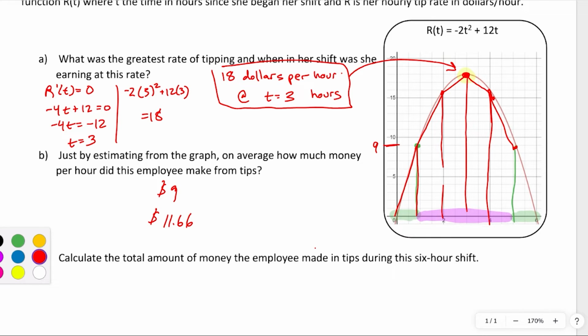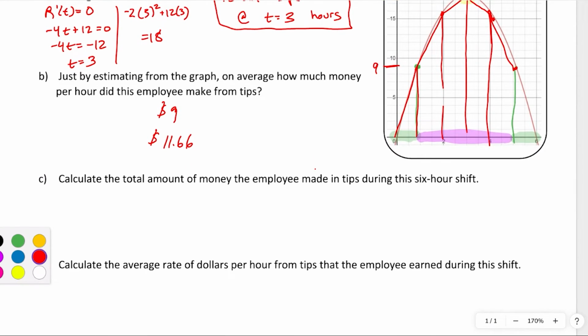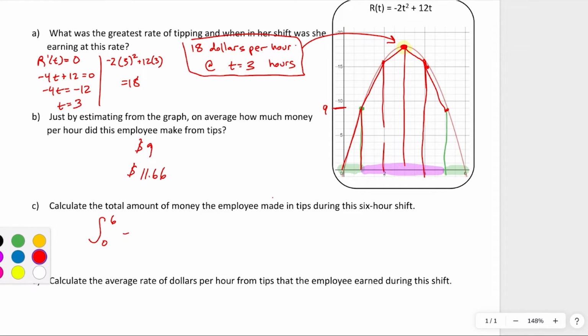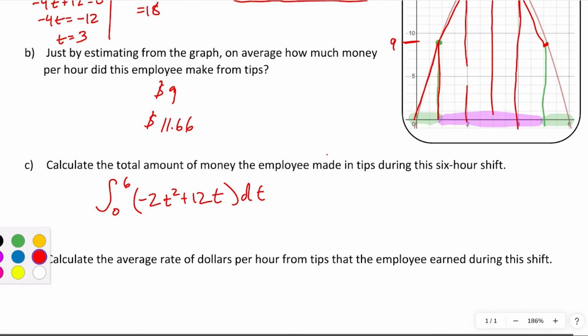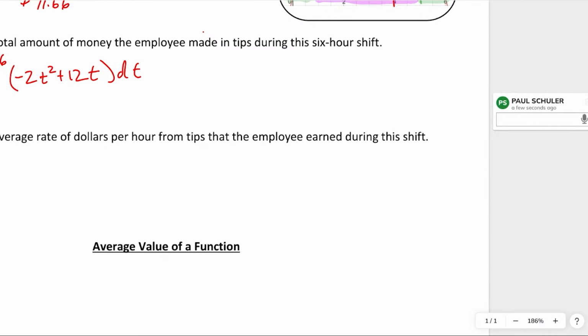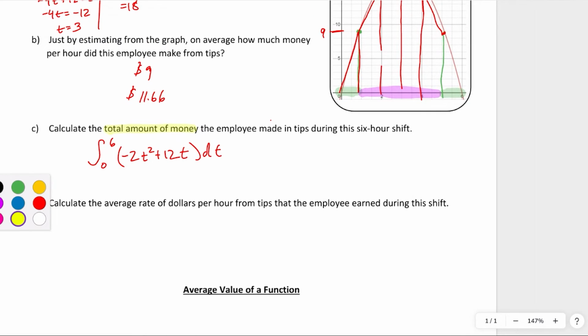Okay, so how do we find the total area? If I want to find the area from 0 to 6 of this function, negative 2t squared plus 12t, that area will give me the net change of the amount of money she had, or in other words, the total amount of money she had, or earned, I should say.